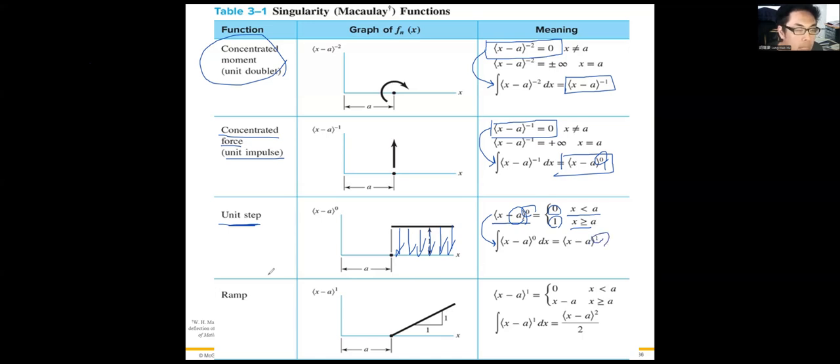And if this distributed load is a ramp function like this, we can write its singularity function with a power of 1.